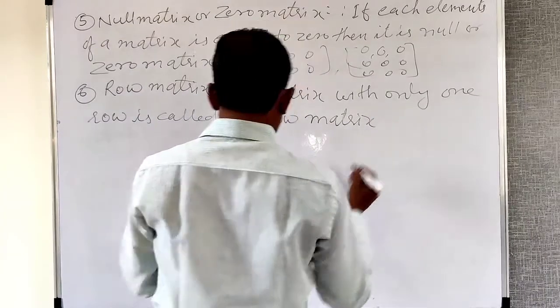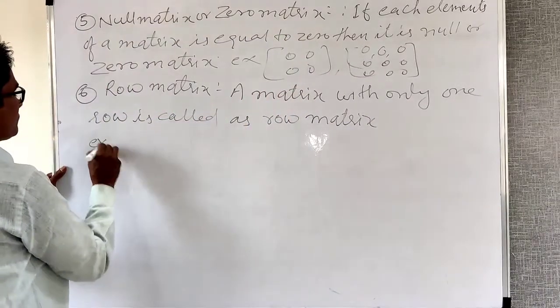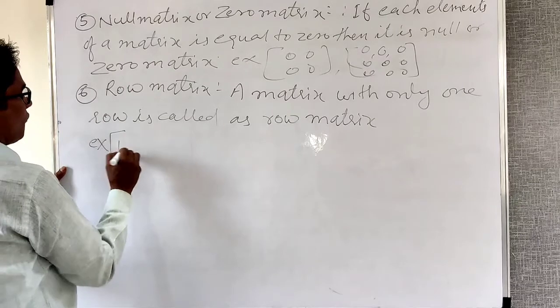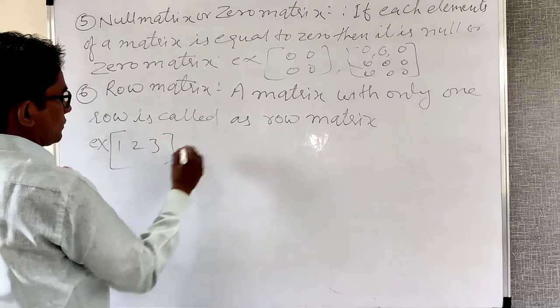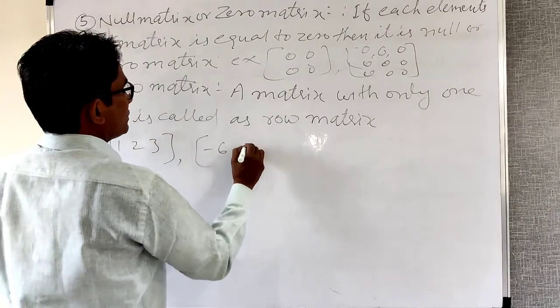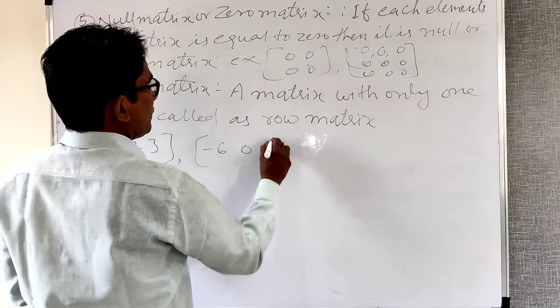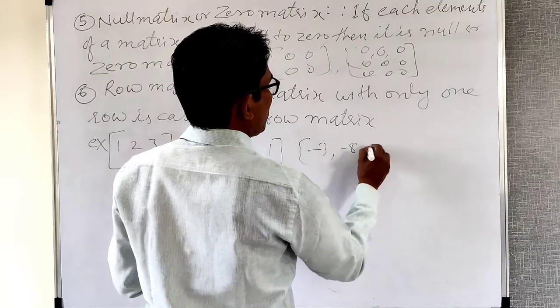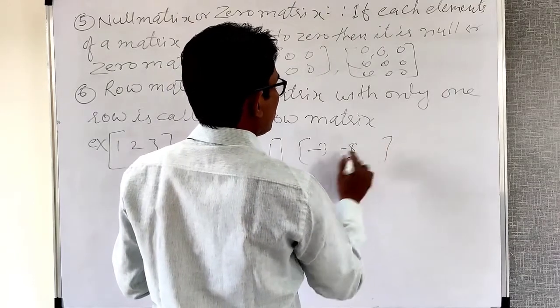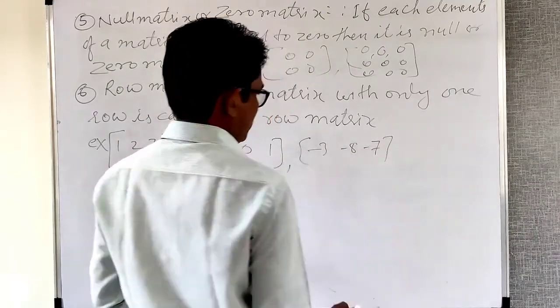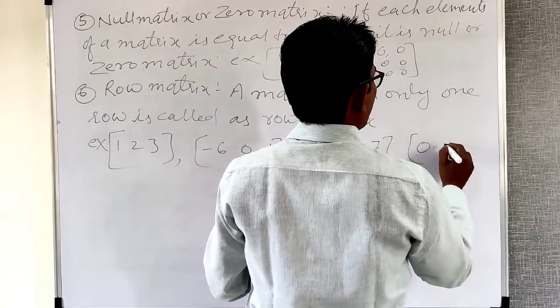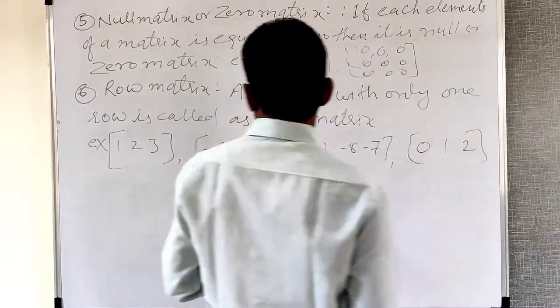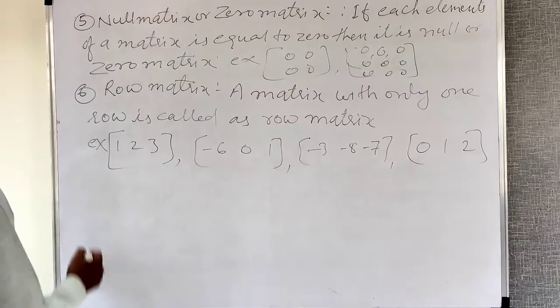Example: 1 2 3; -6 0 1; -3 -8 -7; 0 1 2. So these are row matrices.